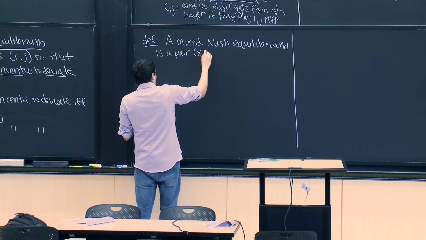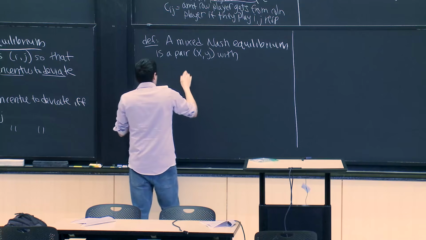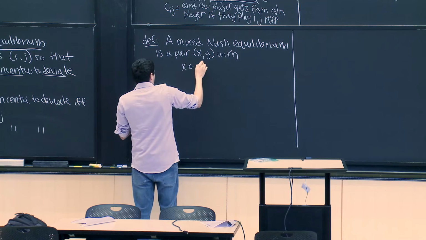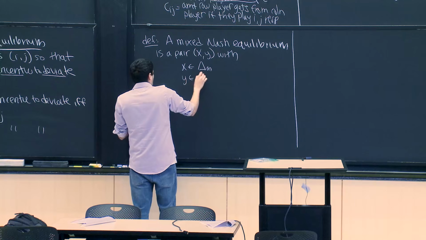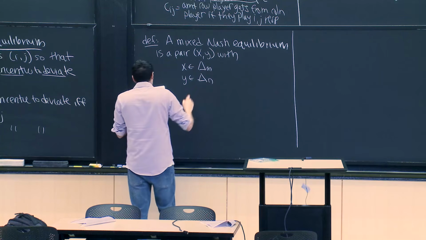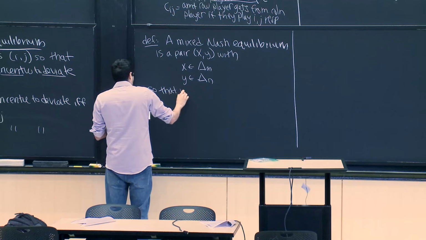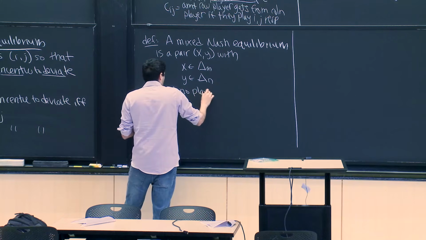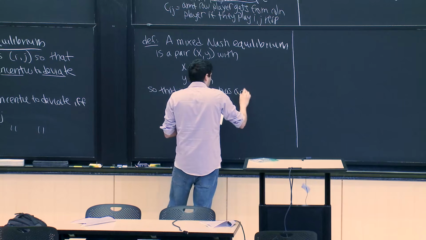It's a pair (x, y), with x belonging to delta m, and y belonging to delta n, again with the property that no player has a positive incentive to deviate.